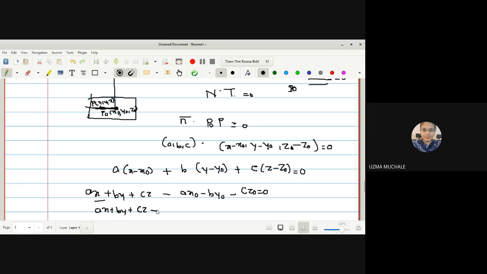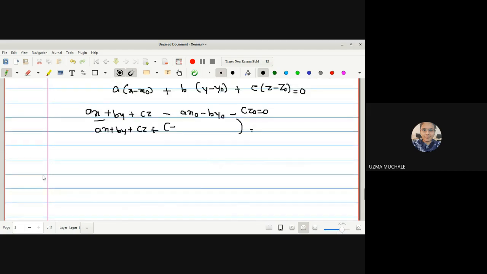Now I can take minus ax naught minus by naught minus cz naught as a single constant, d. Why is this d?